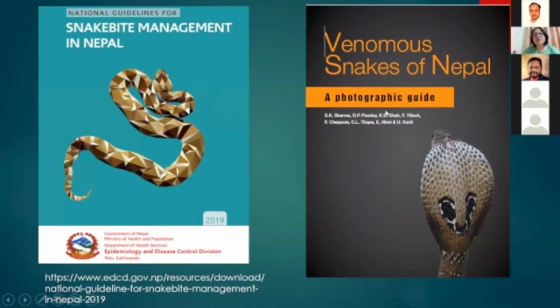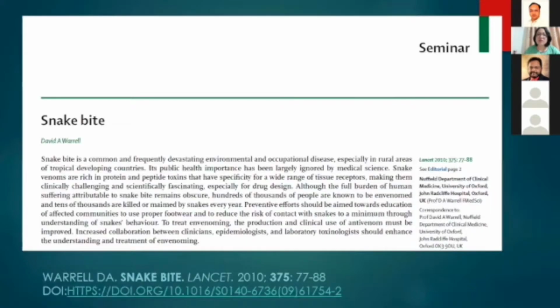We also have a photographic guide by Professor S.K. Sarma et al., a very good guide on venomous snakes of Nepal with beautiful pictures in it. I would also like to mention an article which was published in Lancet in 2010 by David A. Warrell. I will not be going into all the details of this article, but this is a very good article just for reference purposes.